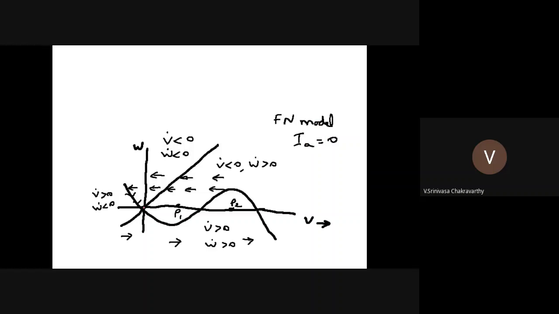So the fixed point is at the origin. We look at the stability of the origin, and you can see here that the slope of the null line is greater than the slope of the other null line.